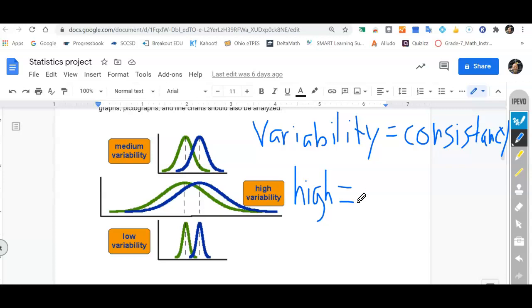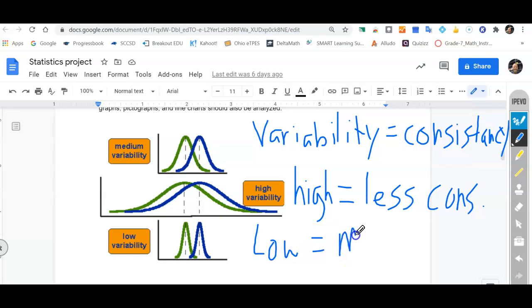What do you think, Laura? Yes. So this would be less consistent. If it's got a low variability, like on this one, we would say it is more consistent.